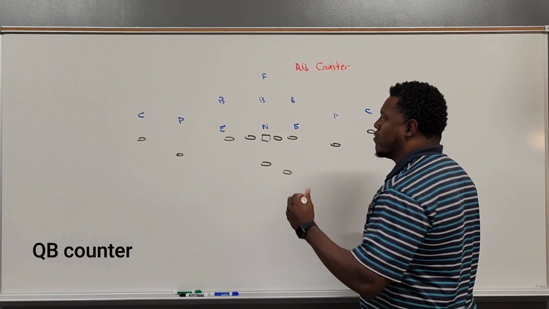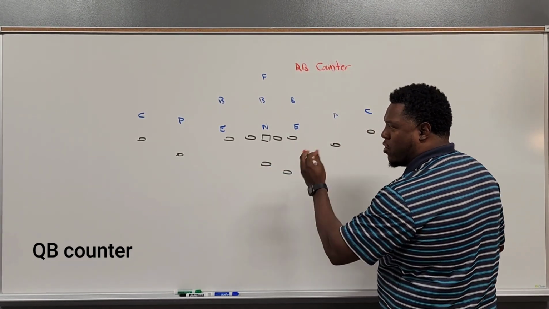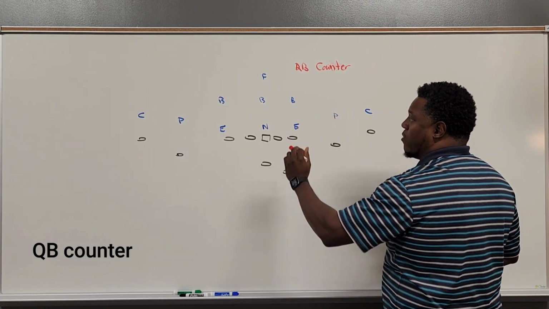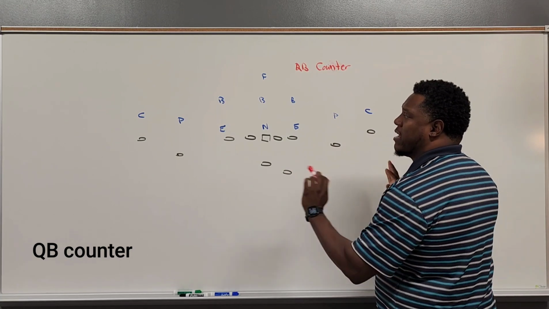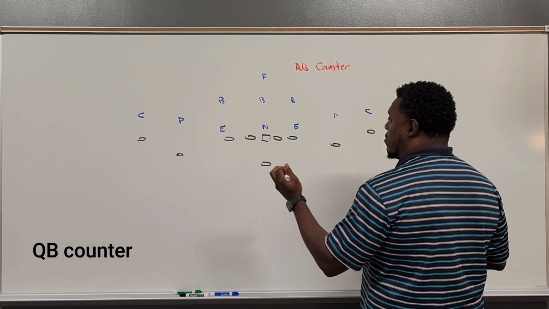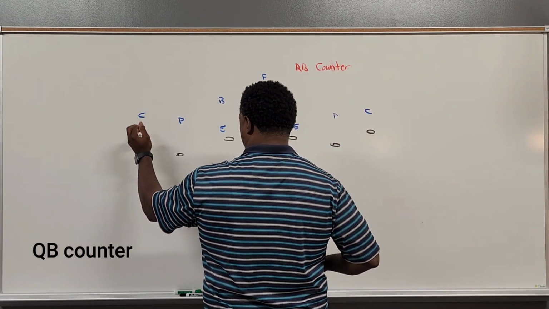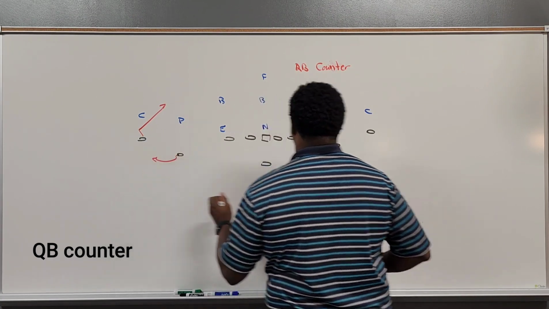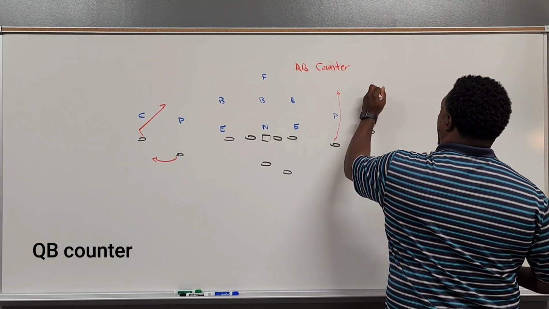Now, the thing you always got to stress to your receivers is that even when they know it's not a running play, they have to run routes as if they're getting the ball, as if it's a passing play. So you could have them do a slant bubble concept.